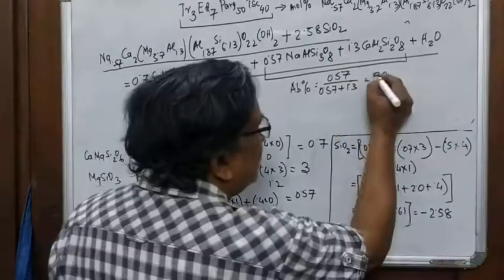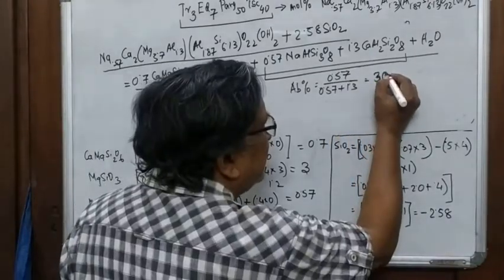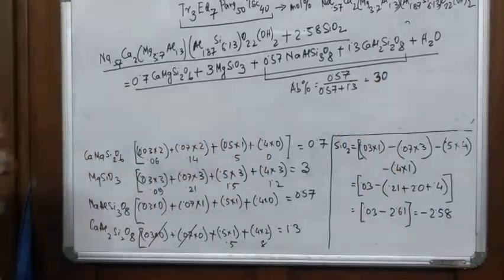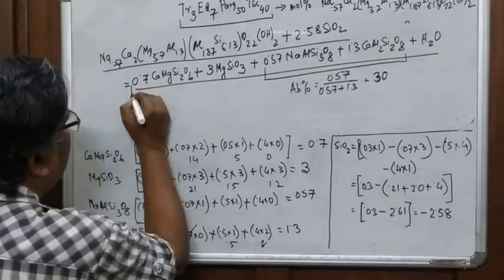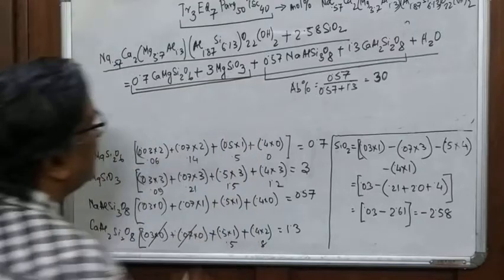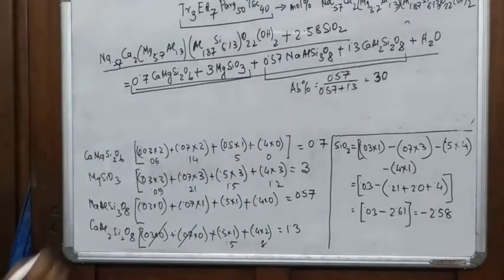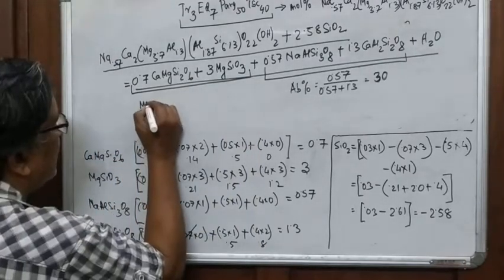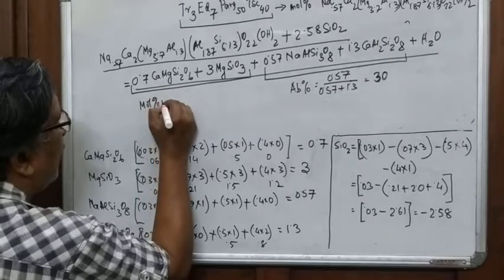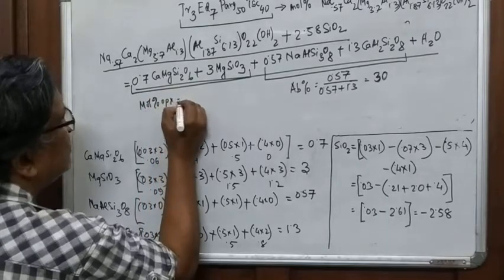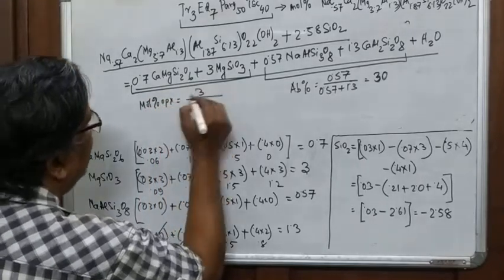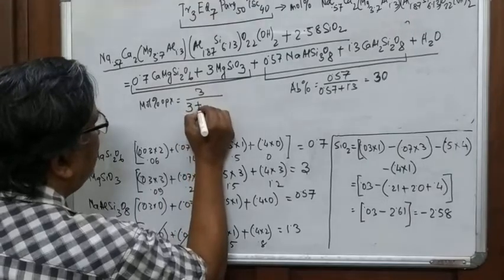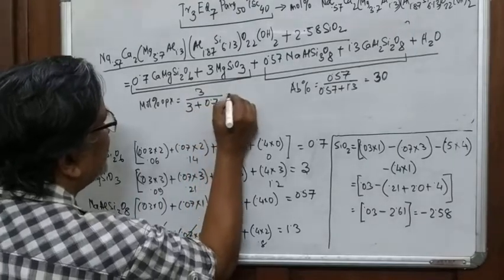So now at the borderline, this will be the point composition of the plagioclase. And here is the proportion of OPX. So the mole percentage of OPX will be equal to 3 divided by 3 plus 0.7.